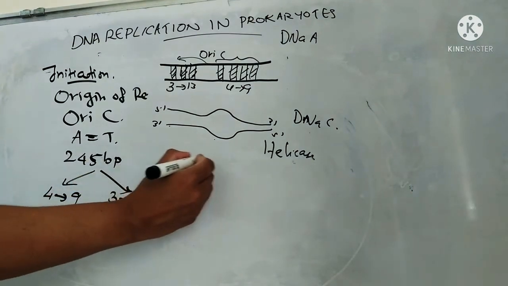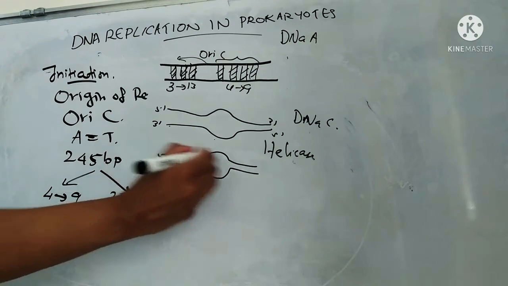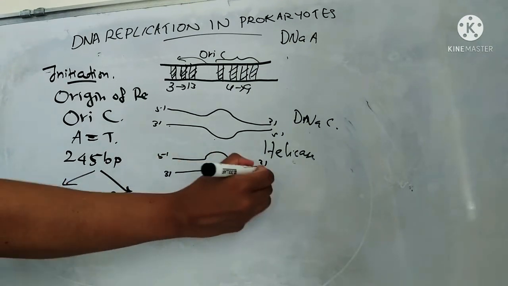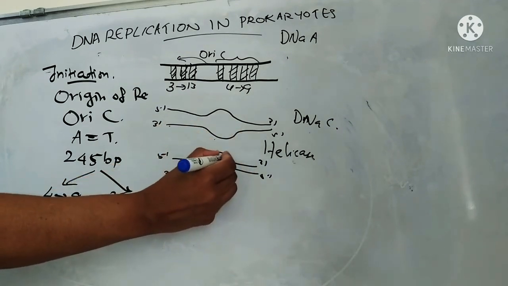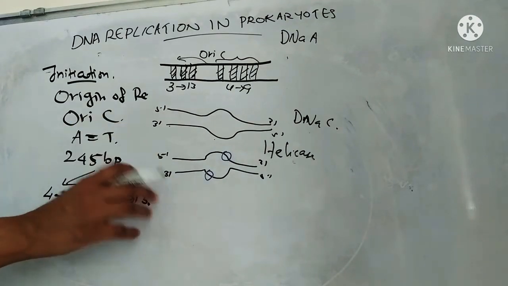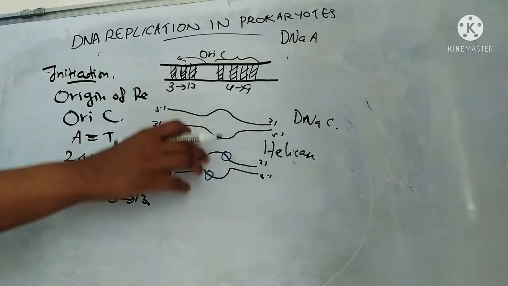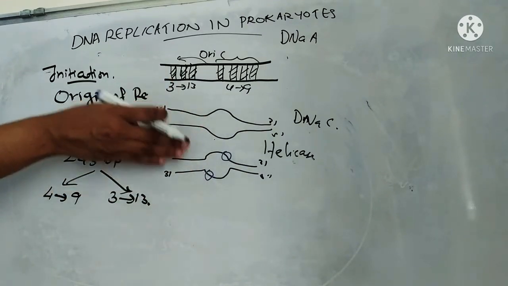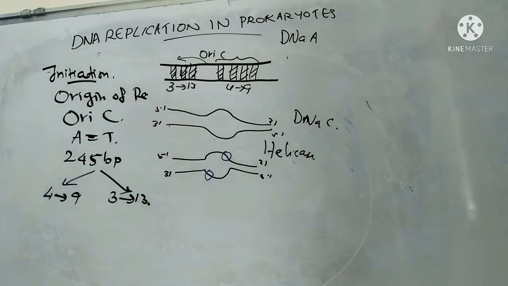So in the replication bubble, 5 prime, 3 prime, 3 prime, 5 prime, this helicase enzyme will bind to both strands. The main function of this DNA B helicase is that it breaks down the double helix, and it can break down the hydrogen bonds between the bases.